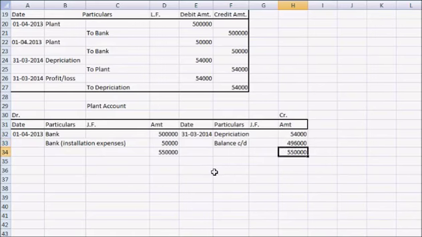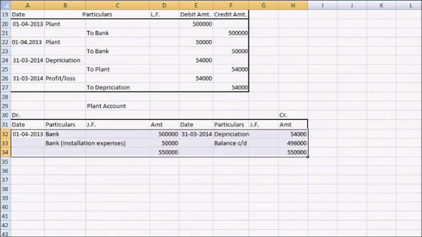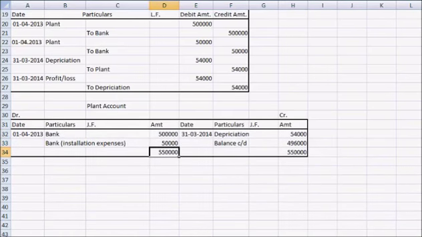So this is the balance amount for this fiscal year. Just mark these balances.